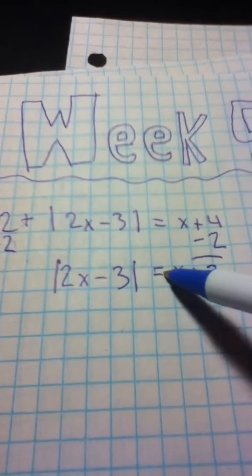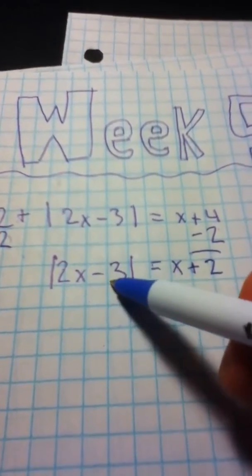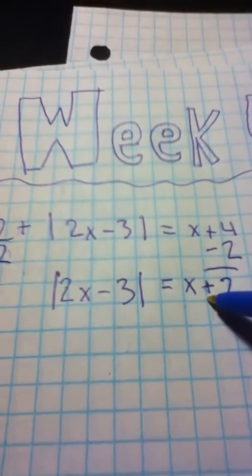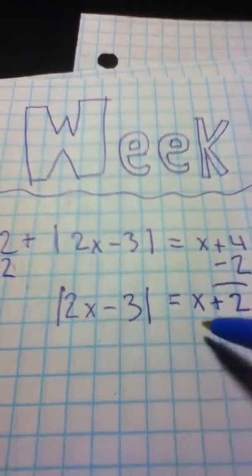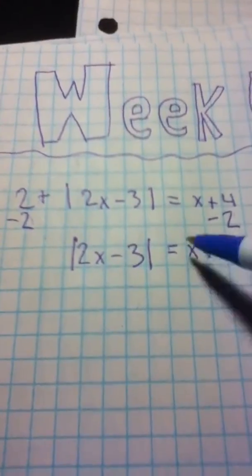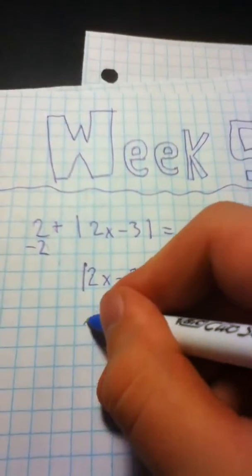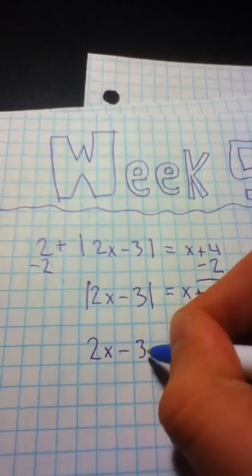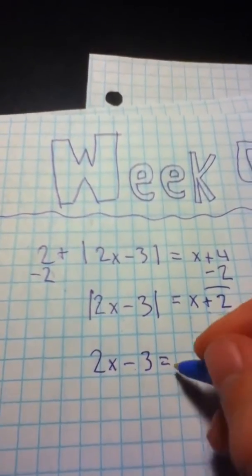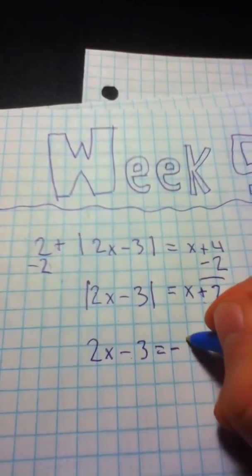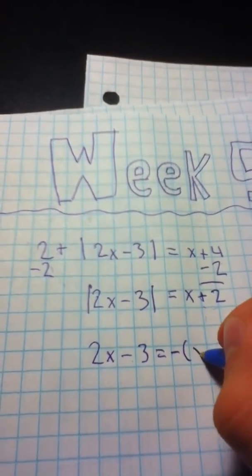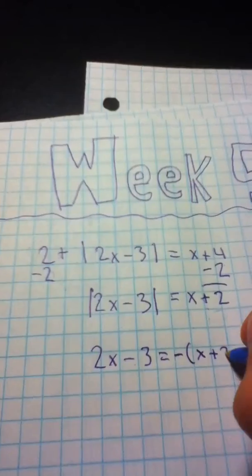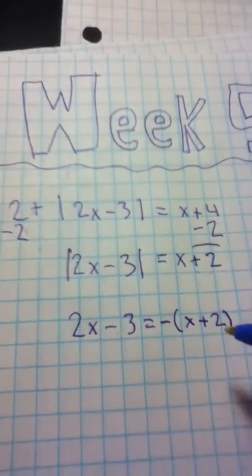So the side that doesn't have the absolute value, we will have one that will look like this, and then we will also have one where it will be 2x minus 3 equals, and it's like negative, and then we're just distributing the negative out to those 2.